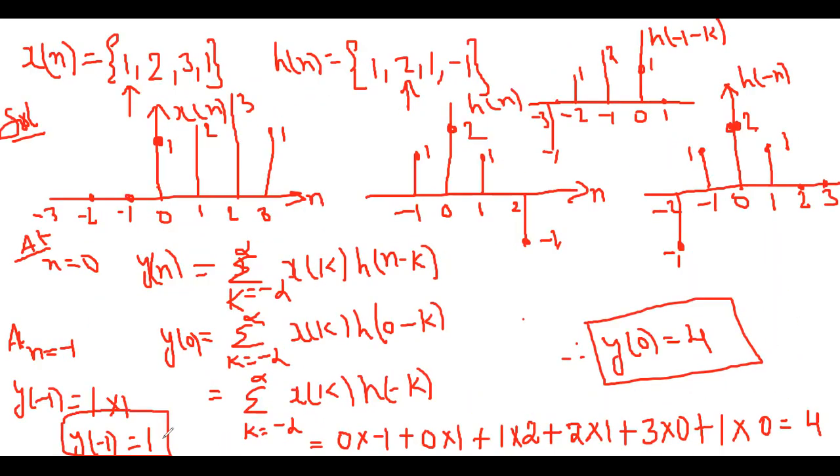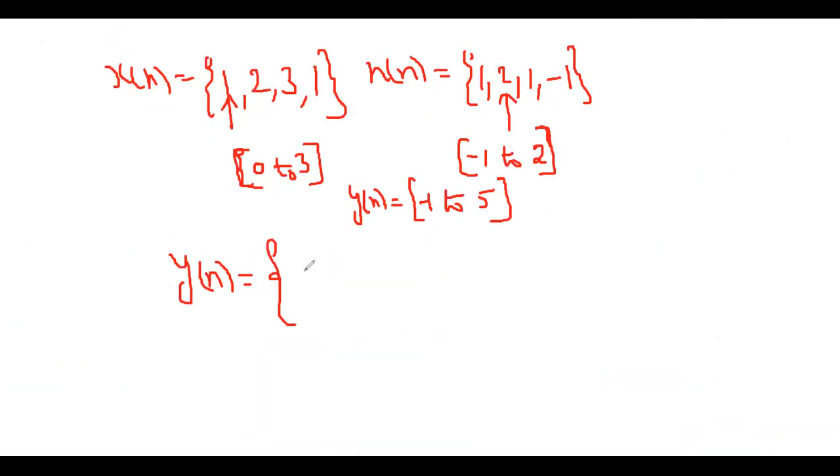At y of -1, the value is 1, and at y of 0, n is equal to 0, the value is 4. 1 and 4. The 4 we get at 0, my dear students. It means give the arrow mark here. Okay, the arrow mark is at 4.